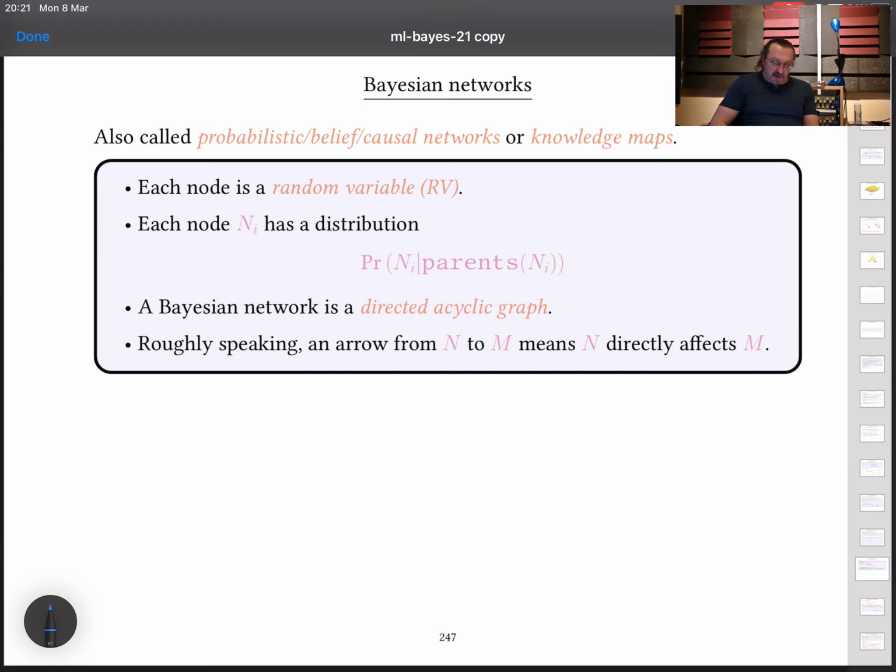It's a directed acyclic graph. Each node has a probability distribution conditional on its parents. And roughly speaking, if you've got an arrow from one node to another, it represents the presence of some kind of direct influence.